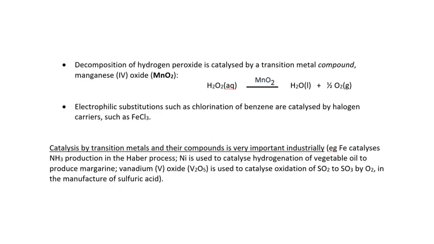So it's a very important thing industrially, because catalysts, remember, first of all, reduce the amount of fuel that is needed for industrial processes because they can operate at a lower temperature. So that's good cost-wise, but is also good for the environment because it means less greenhouse gases being added to the atmosphere. And catalysis often makes reactions possible to use which otherwise would just be so slow you couldn't use them at all.